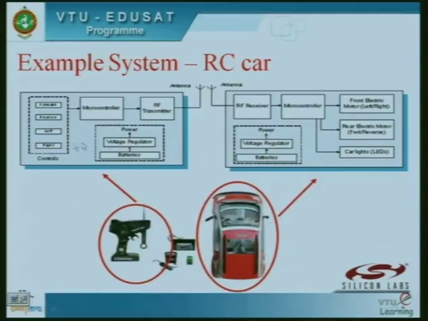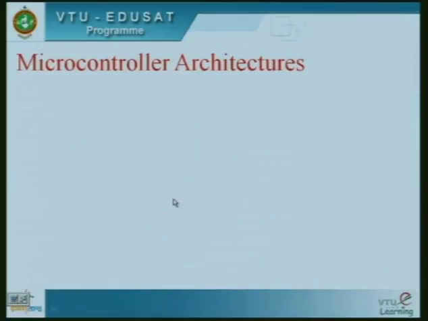So this is a simple example of what a microcontroller can do, an application specific device. I have one microcontroller mounted on the remote and another on the car, and you can easily control the movement of a simple toy car. This is how a microcontroller is generally useful.